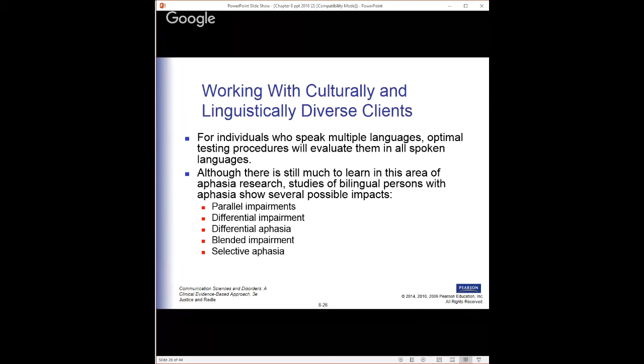Blended impairment, with the individual appearing to mix features of the languages, and selective aphasia, with only one language revealing deficits and the other being preserved.